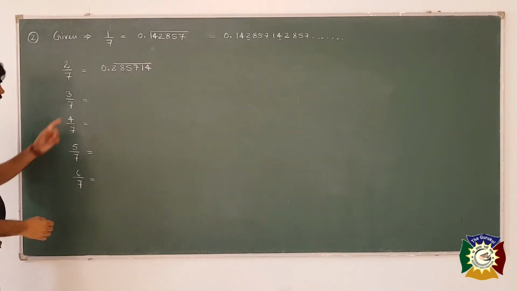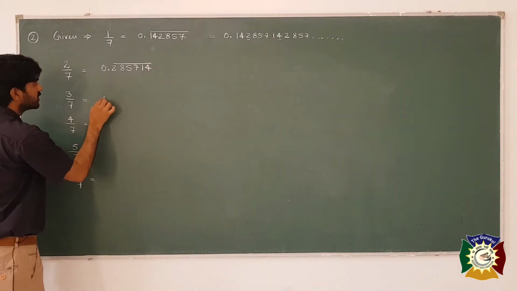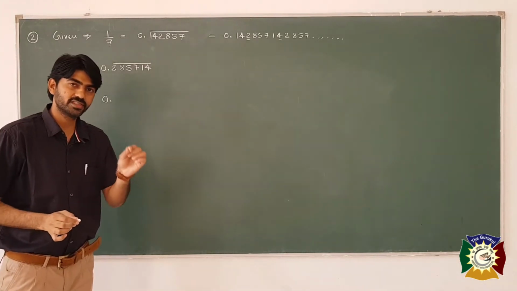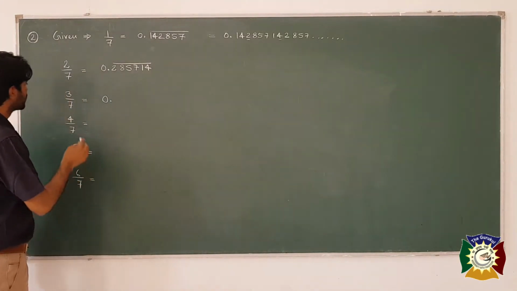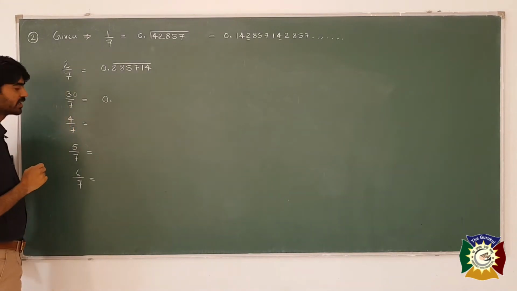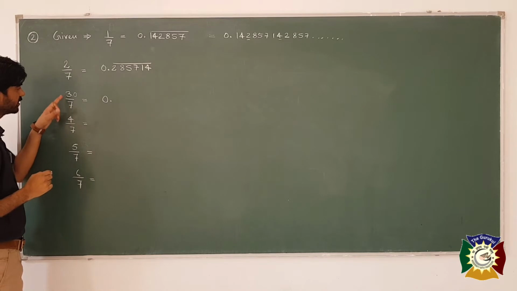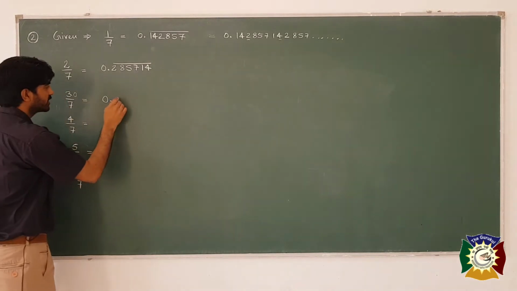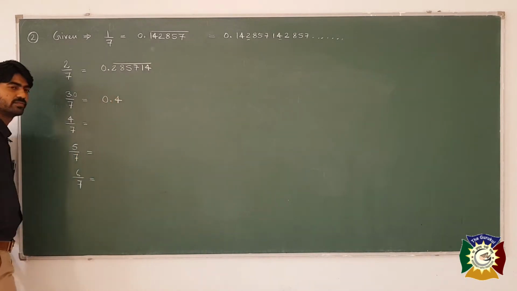Okay. Now look at this. 3 by 7: 0 point. I will just check for the first digit after decimal. After decimal it will become 30. So the first digit, 7 4s are 28, so first digit I am getting 4.